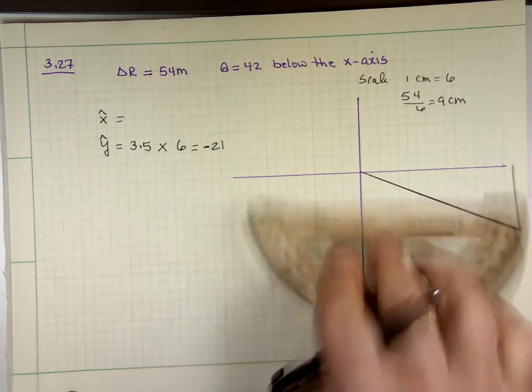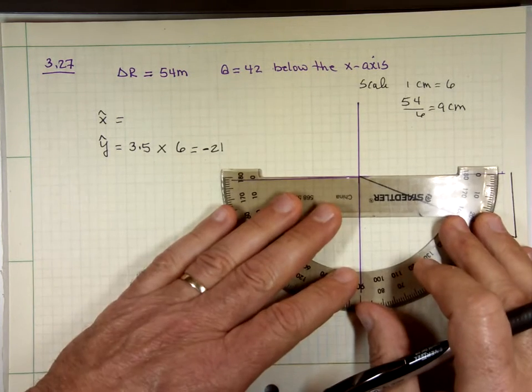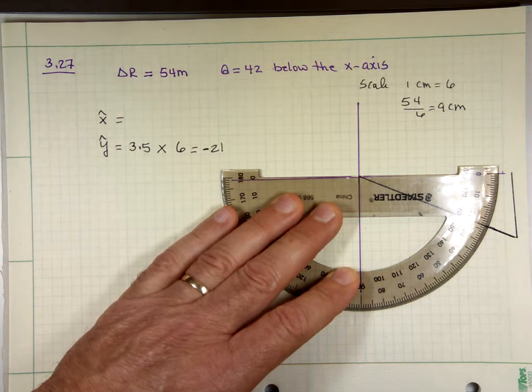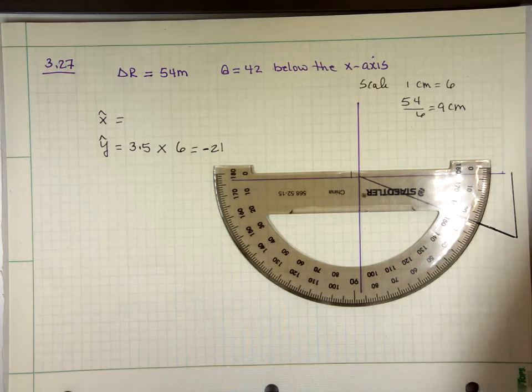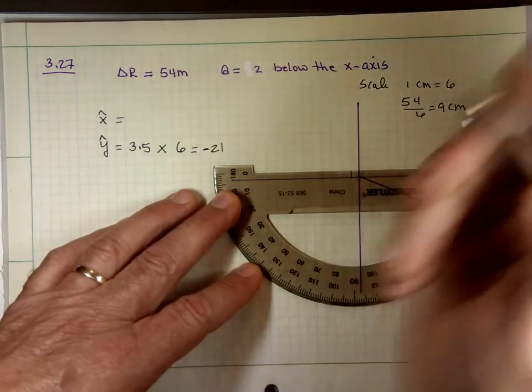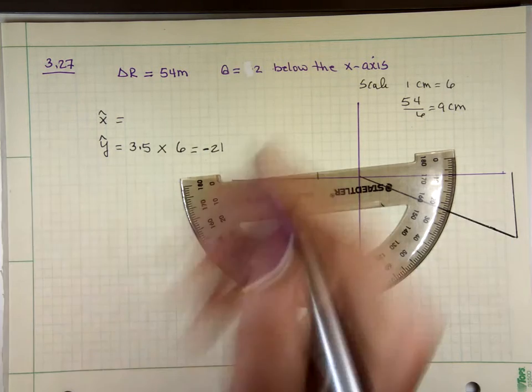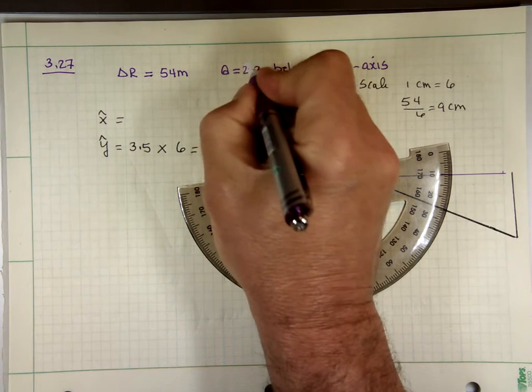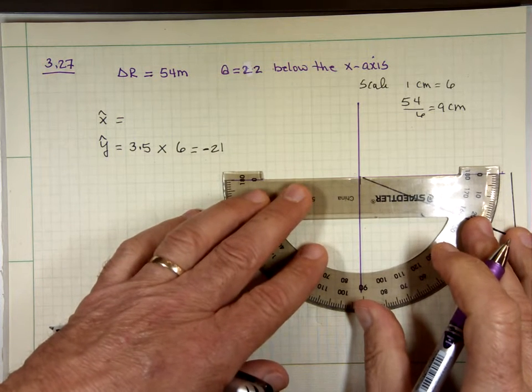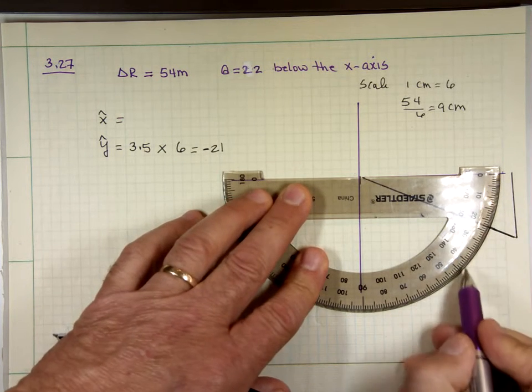I did 22 for some reason. You know what? I'll stay with 22. It was 42 actually. 42 would be down here, right?